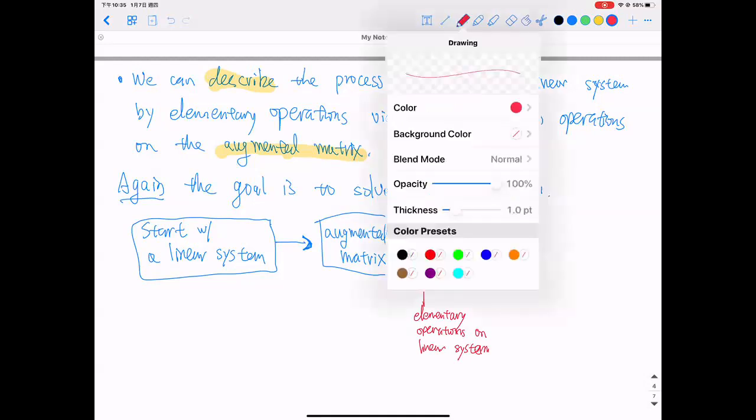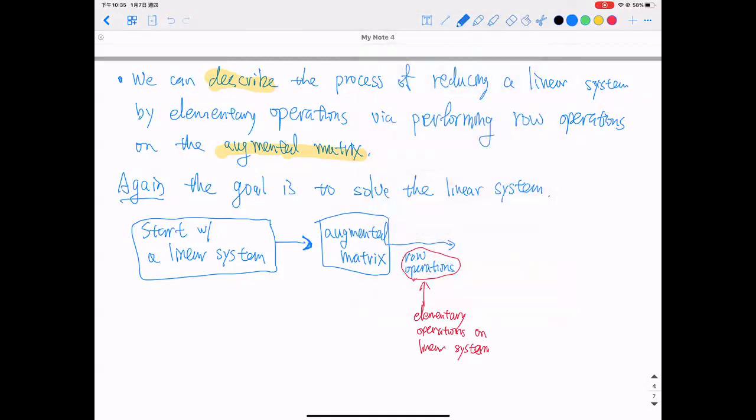And the goal of choosing this operation, I mean, you have to choose what operations to perform, in which order, and the reason for your choice would be to produce a simplified system or a simplified matrix from which you can read off the solution. So after performing these row operations, you're going to get a matrix.